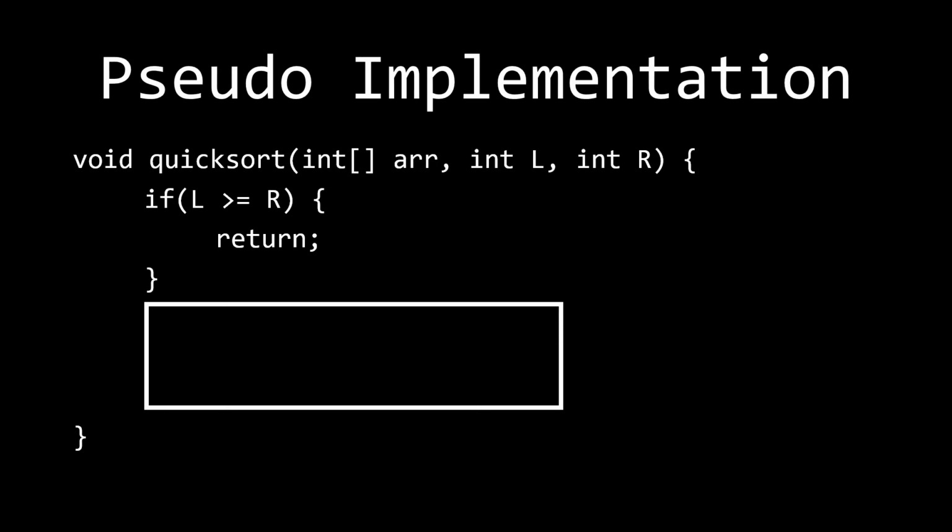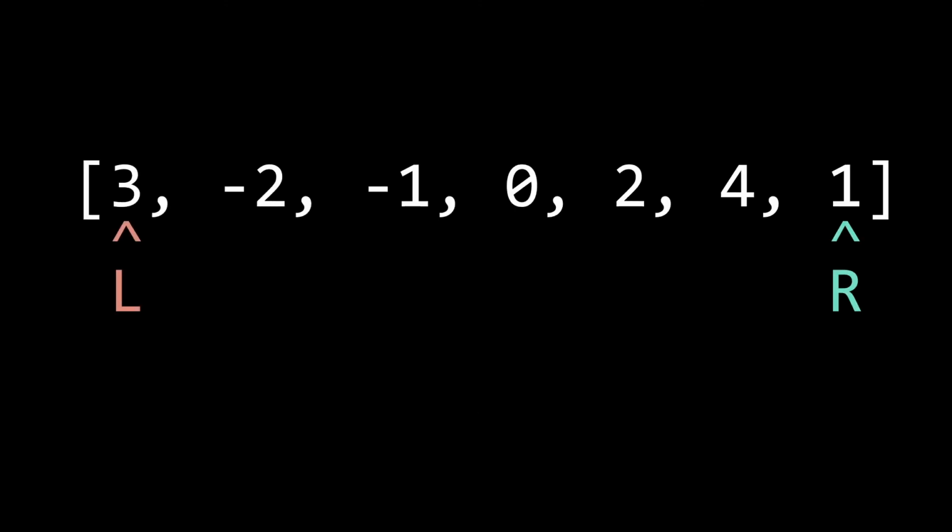For the transitions or the recursive calls, let's look at an example where L is equal to 0 and R is equal to 6. In this case, we're going to partition the array. You might be asking, what exactly is partitioning? Let's look at that in a little bit.